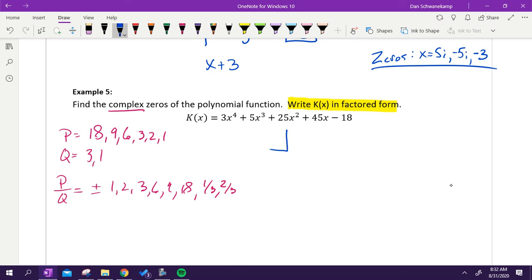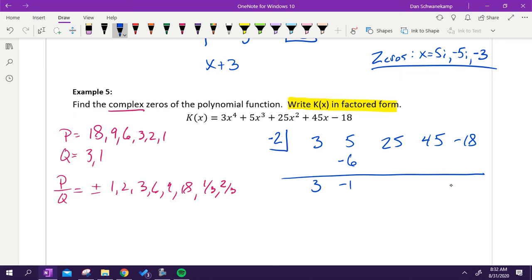Okay, so I'm going to go in here. Somebody said negative 2 worked, and it did by looking at my graphing calculator. I'm doing synthetic division. I drop my 3. I multiply. I add. I multiply. I add. I multiply. I add. Oh no. Did negative 2 work and I just didn't do it right? Let's try again.